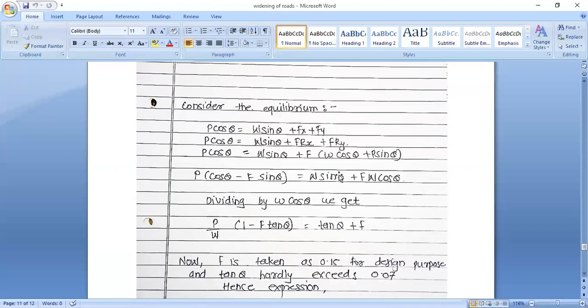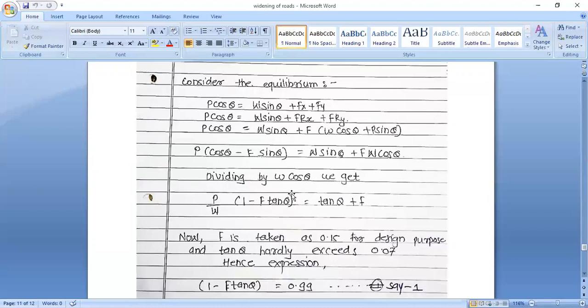Then on the right side, W sin theta plus F W cos theta is remaining. The P sin theta goes to the left side with a minus sign, and P is common, so P into cos theta minus F sin theta is equal to W sin theta plus F W cos theta. Hope you all get this term.